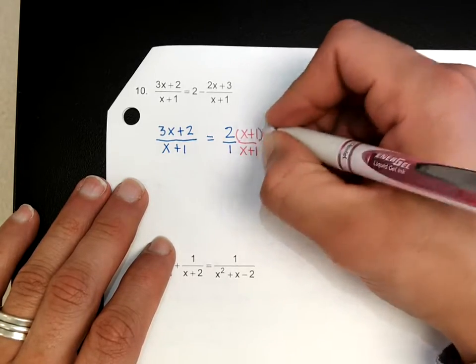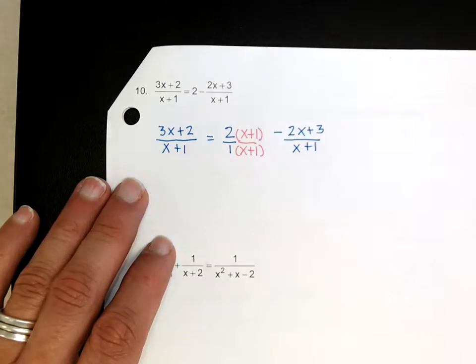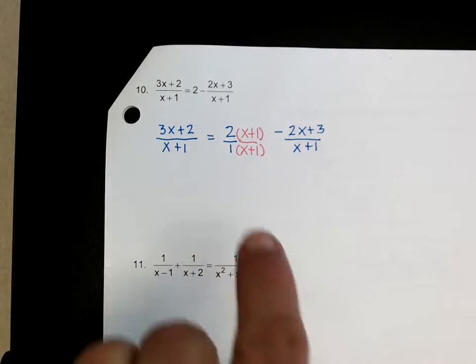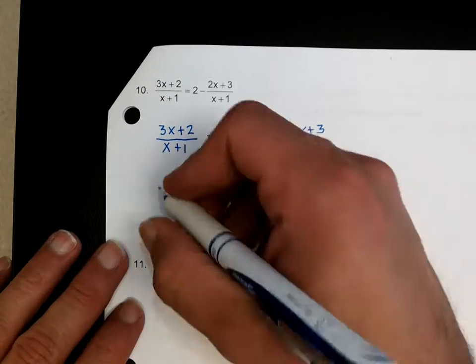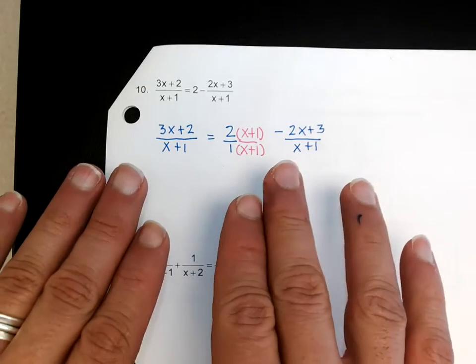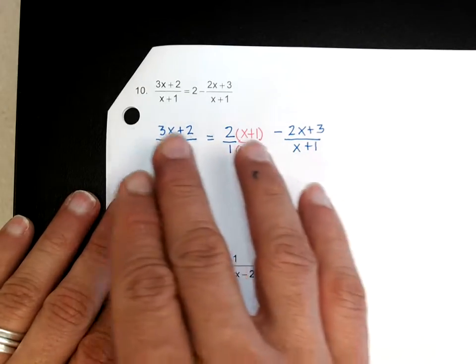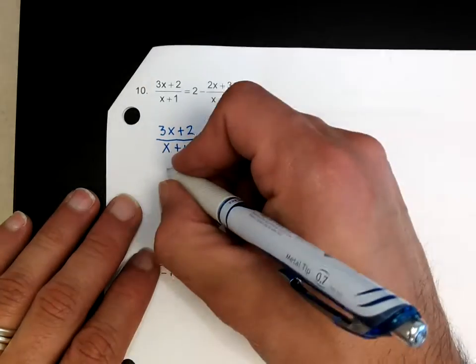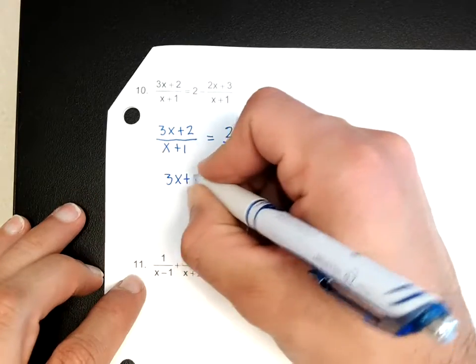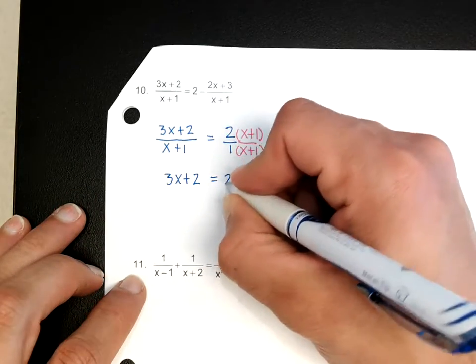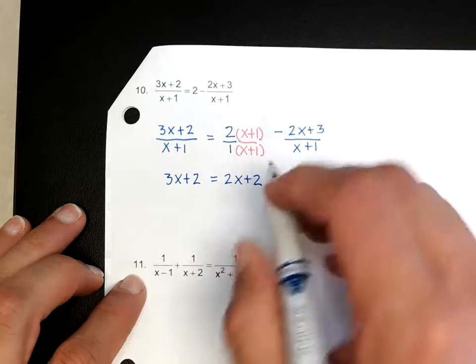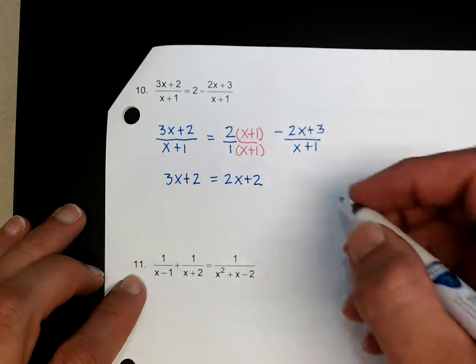Normally I don't write parentheses, sometimes I do, but make sure that you know that you're distributing that 2. If I multiply both sides times x plus 1, the denominator is going to cancel. So this side is going to be 3x plus 2, this side is going to be 2x plus 2, and that came from multiplying this and that together.